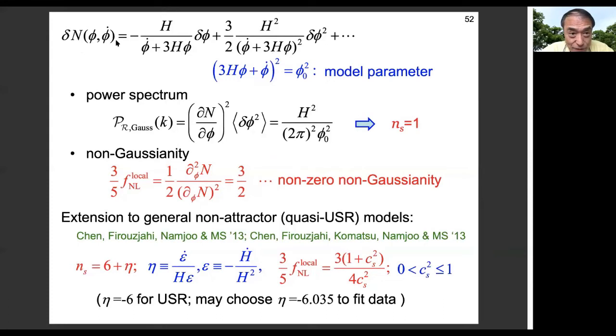So the coefficient is just a function of time, and apart from the spatial dependence, it's just a constant. This is why it is called local. Any sort of non-local non-Gaussianity should be contained in this delta phi itself.